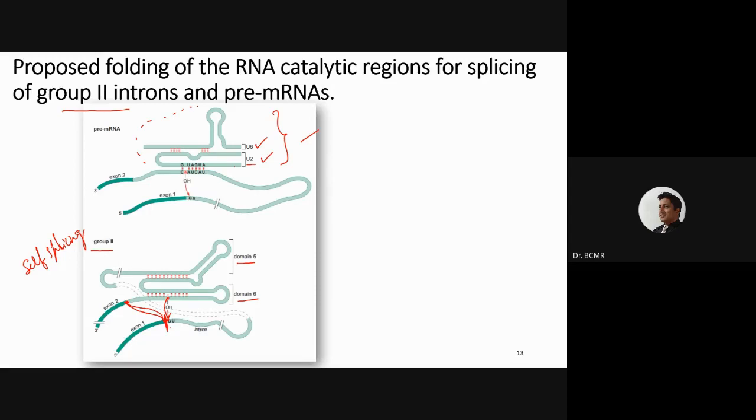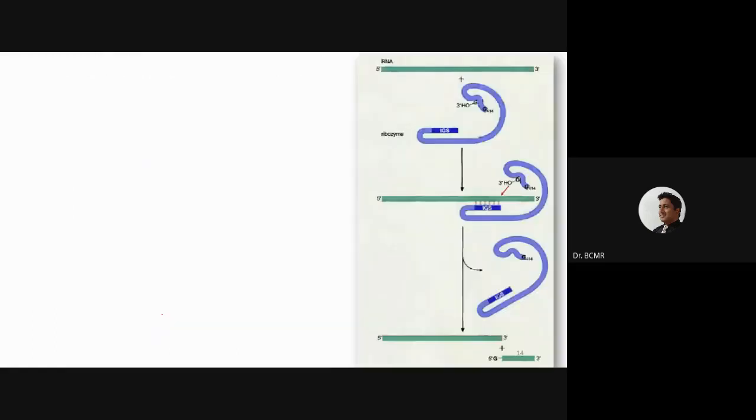Right? So the important thing to understand is RNA folds upon itself to create microenvironments such that some bases can be activated, and then reactions like transesterification in this case can happen. It's almost like an enzyme. That is the ribozyme.